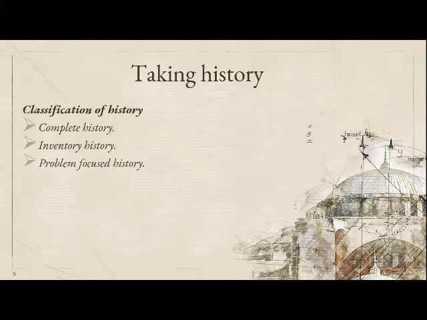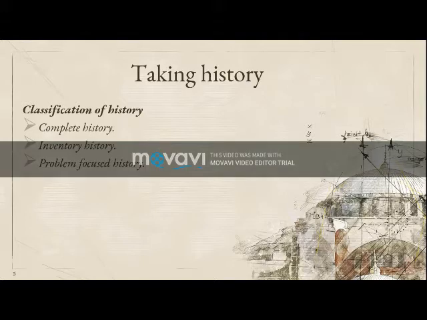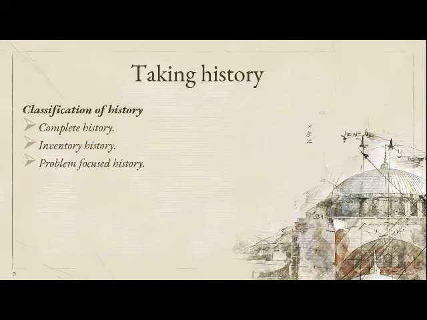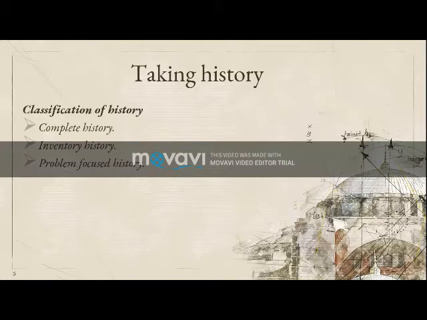This is complete history. Inventory history means the complete history is collected in more than one session or meeting. Complete history means that at the first visit only they identify the problem, and in inventory history they identify problems or collect history over more than one meeting.